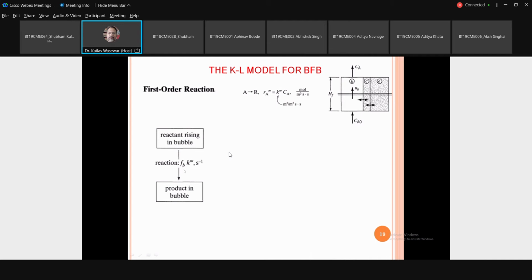Accordingly, with the rate constant, there will be the product in the bubble. This reactant will then move into the cloud. This is because of mass transfer, so again that fraction times Kbc, the mass transfer coefficient.